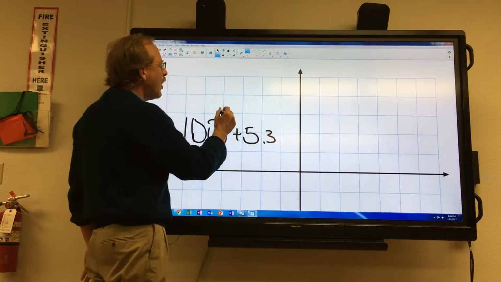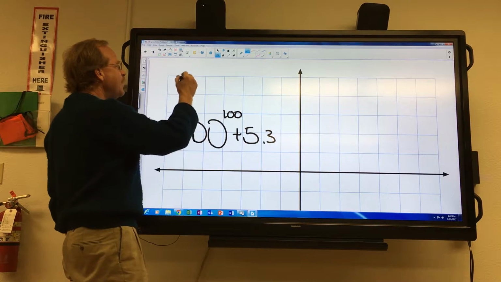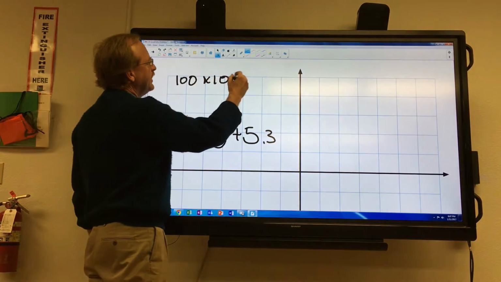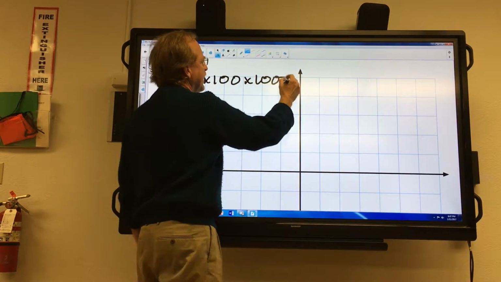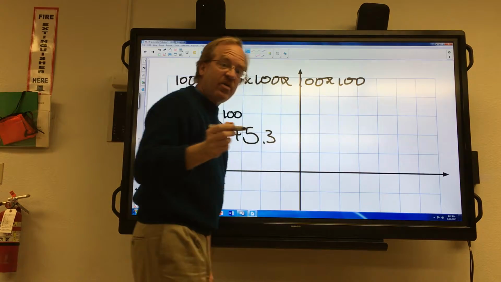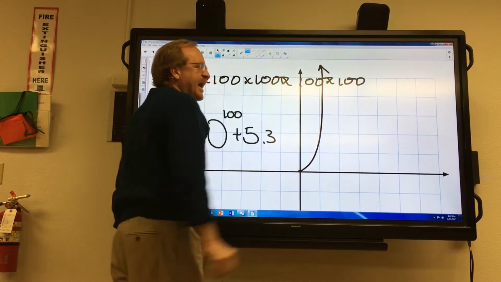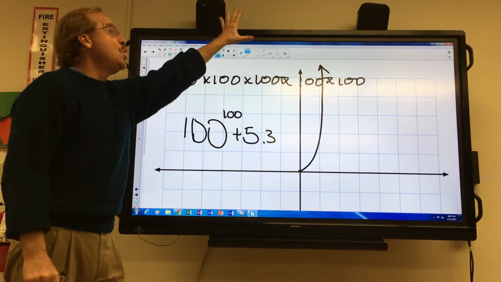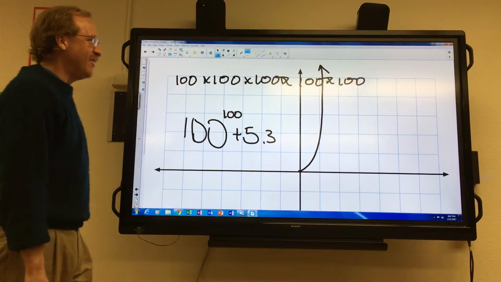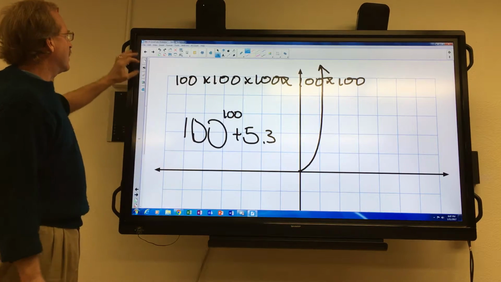So this would be 100 to the 100th power. That would be 100 times 100 times 100, and so on and so on. That's going to take off like that. And is it ever coming down? No, it is not coming down. That's an exponential function. That's not going to work.